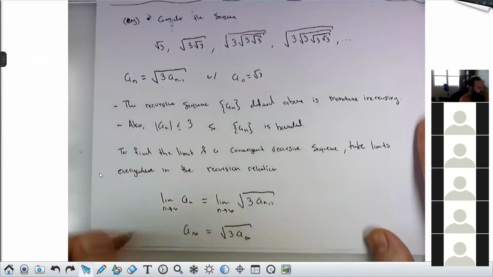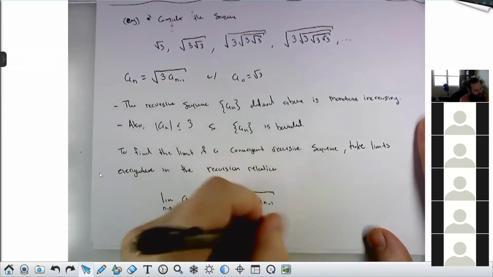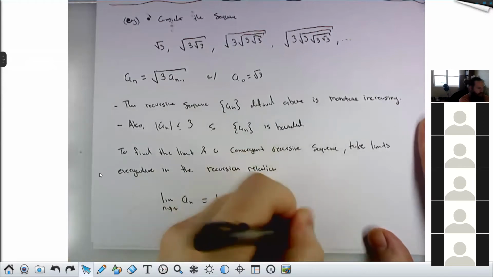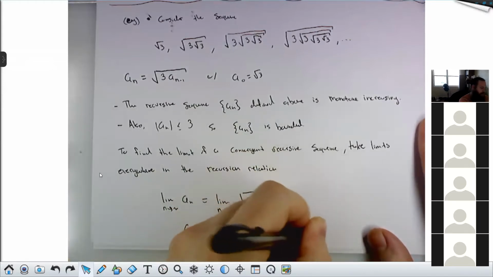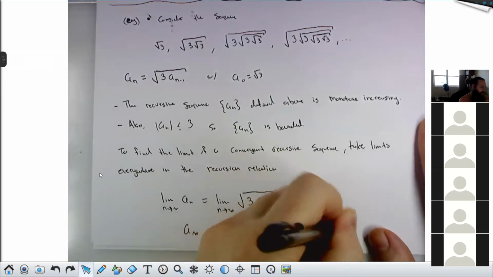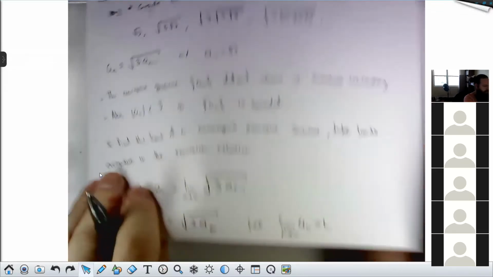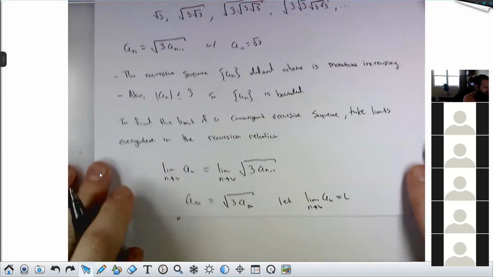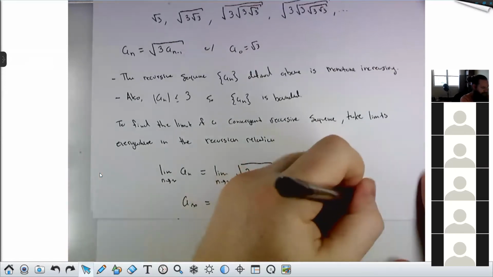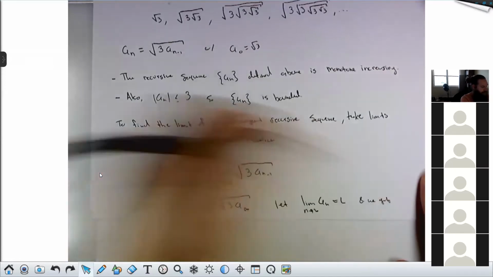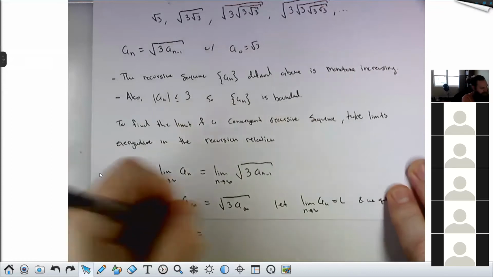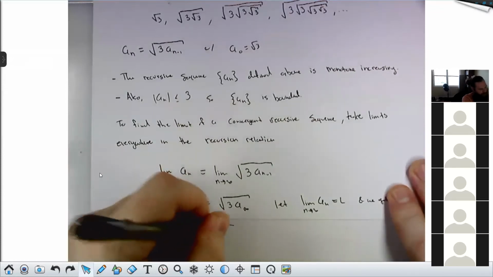So if I call that thing L, let the limit of A_n as n goes to infinity be L, then we get L equals the square root of 3L.